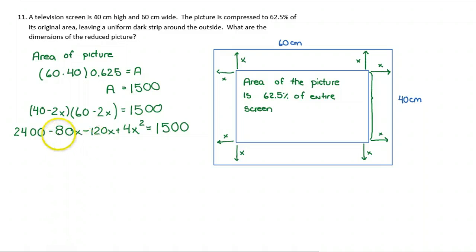So now let's divide everything by 4. So this is going to give me 600 minus 20x minus 30x plus x squared, and then 1500 divided by 4.